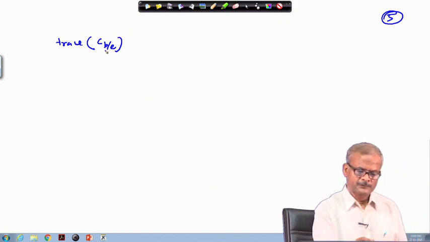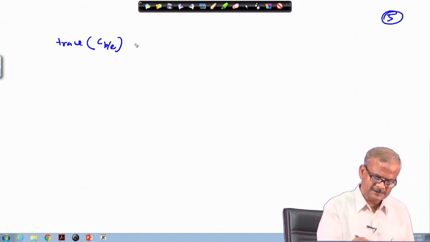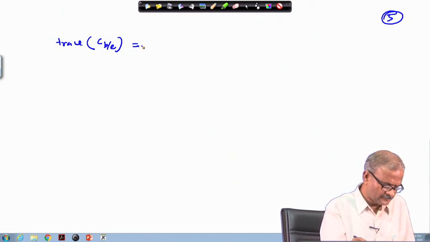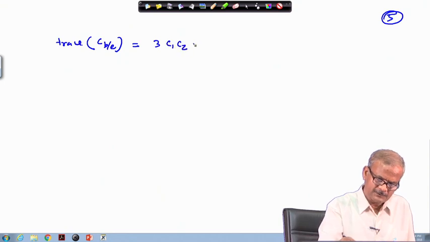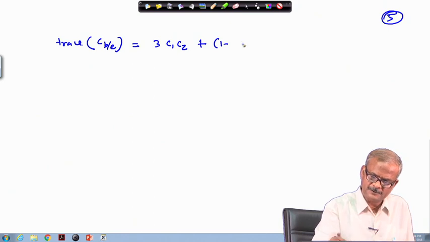So, for the composite rotation C B slash E, it can be proved, which we will set as a tutorial problem, that this 3 times C1 C2, where C has the usual notation of cos.